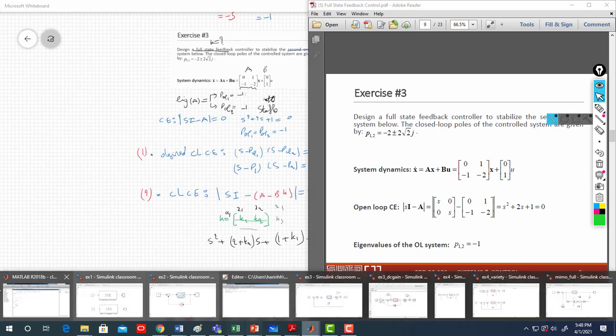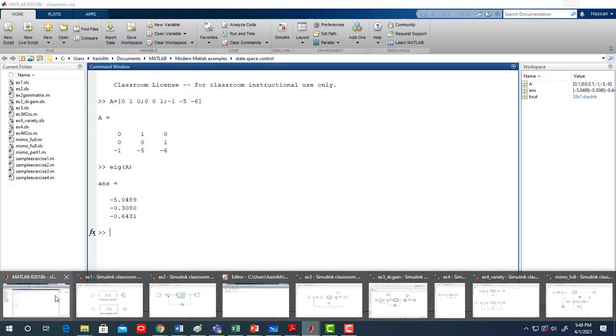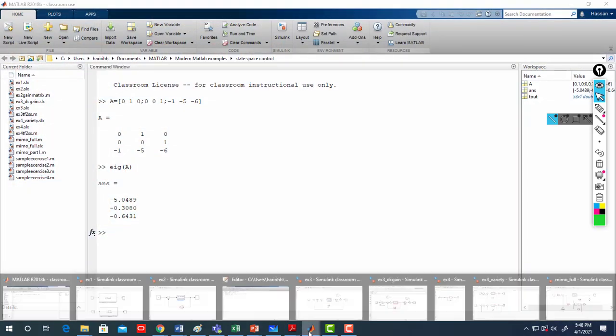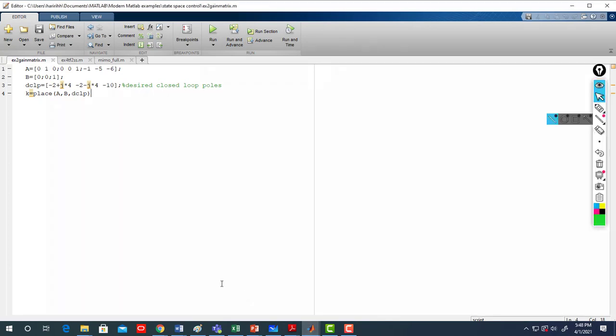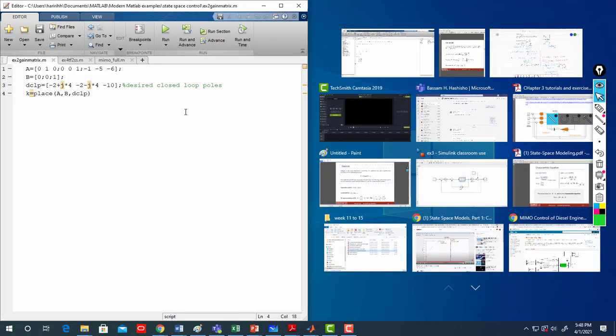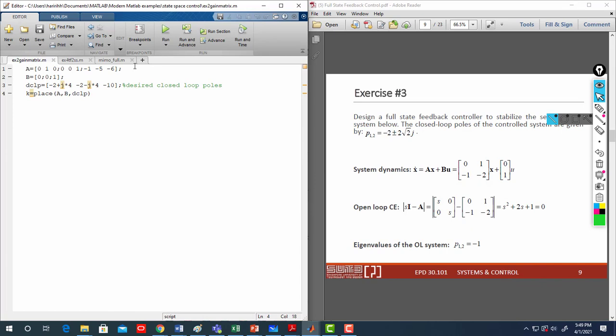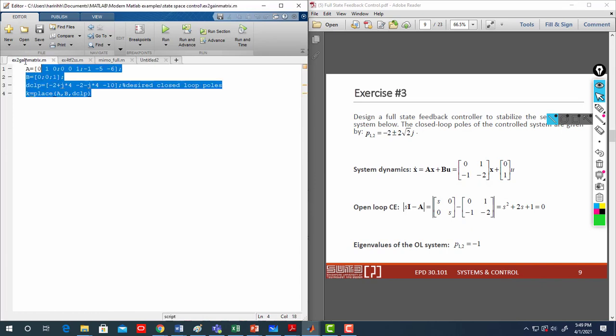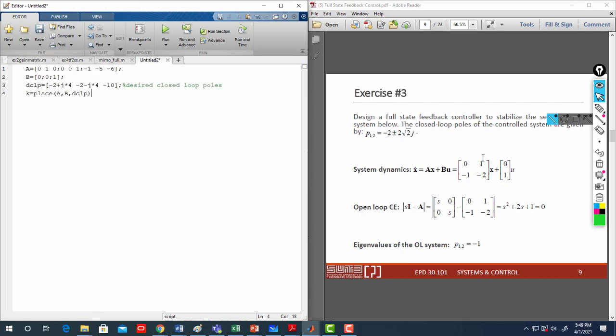Alright, so I want an M file. I go to this, okay, and maybe a new system. Okay, I have A: 0 1, minus 1 minus 2. Your matrix B is 0 1.